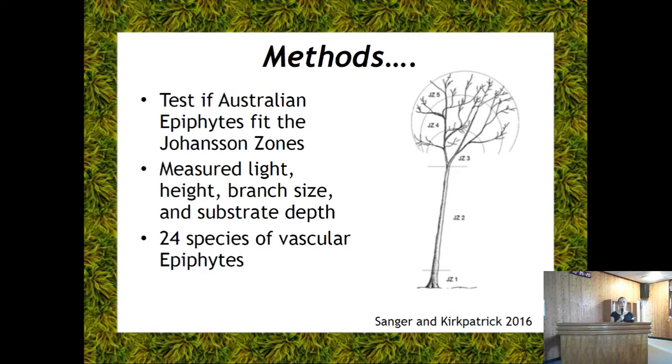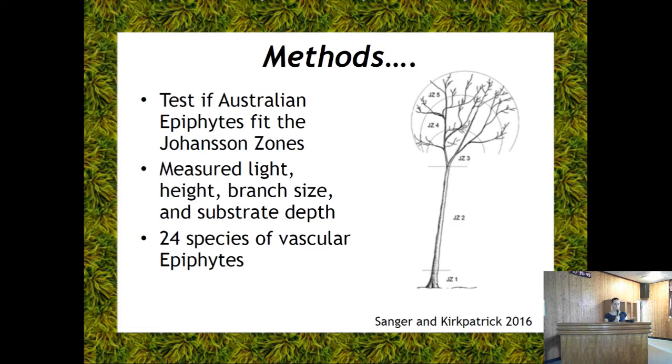Substrate depth is the canopy soil, or the humus layer that grows within the roots. Often when we find branches, you get epiphytes that have a whole bunch of soil growing underneath them, and often more drought-sensitive epiphytes will grow on these areas where there's thick canopy soil.